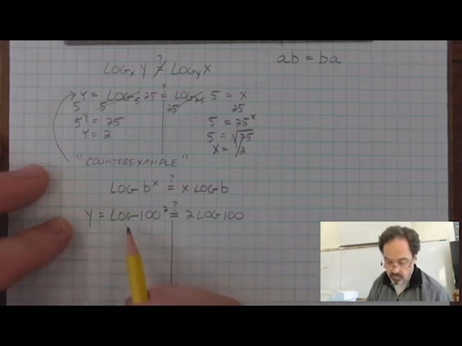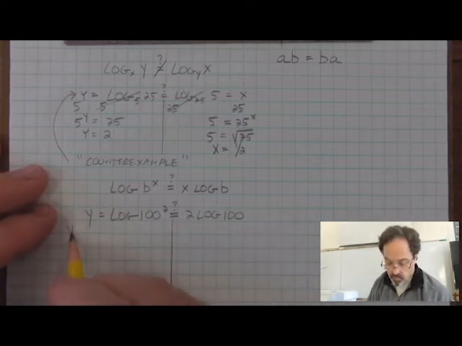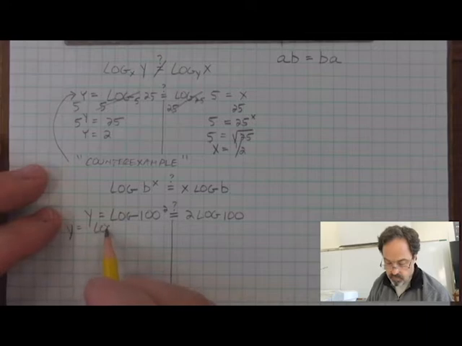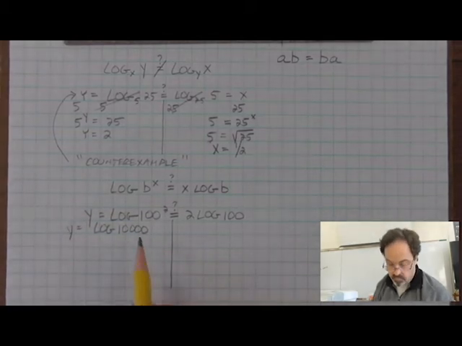I'm not going to undo the log because all I need to do is square this 100. This is log base 10 of 100 squared, or y is equal to log of 10,000. 100 squared is 100 times 100, or 10,000.